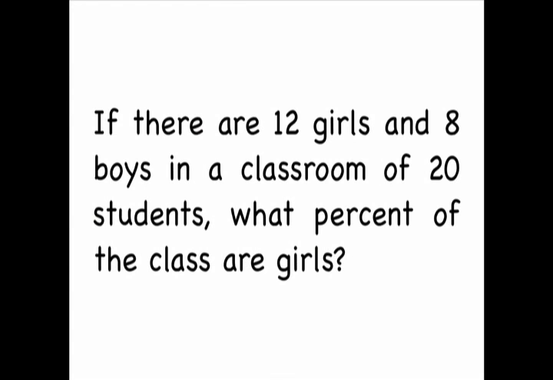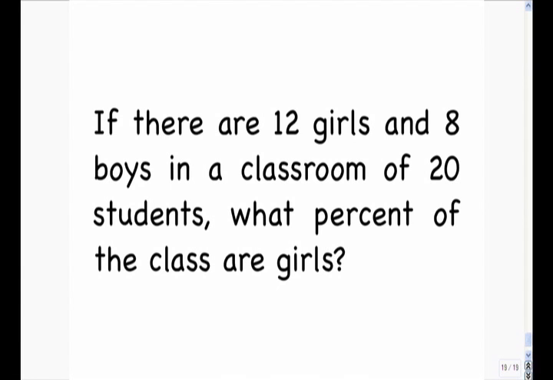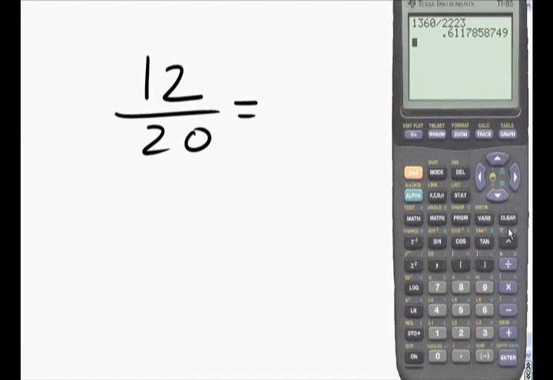If there are 12 girls and 8 boys in a classroom of 20 students, what percent of the class are girls? 12 girls out of 20 students is 0.6.